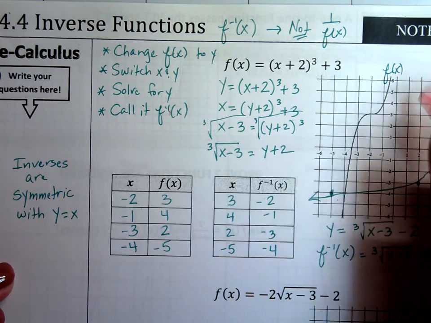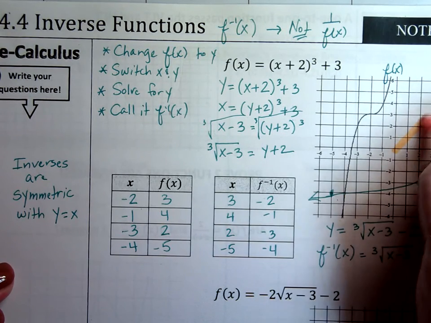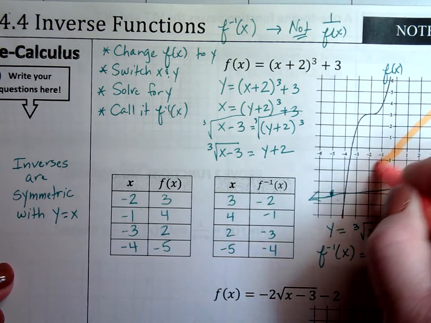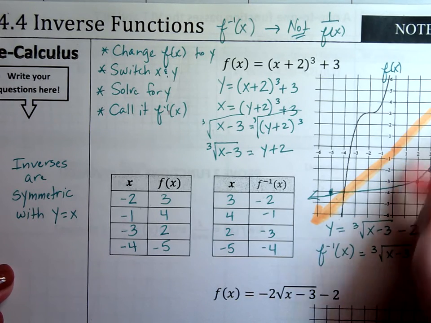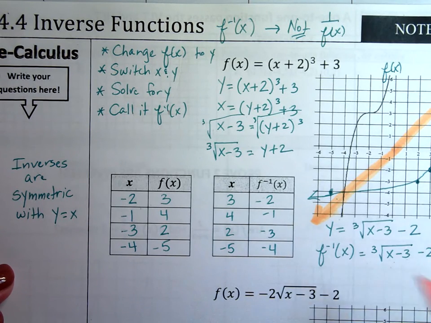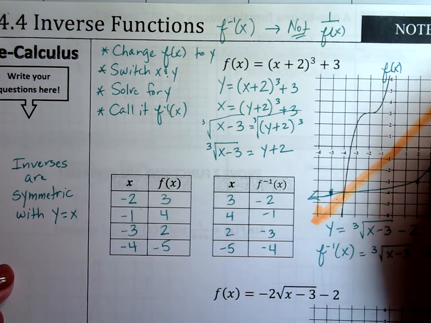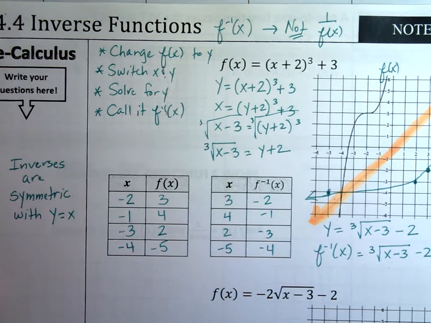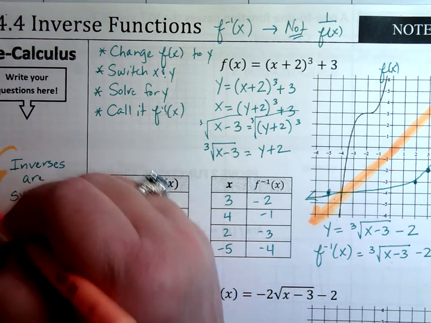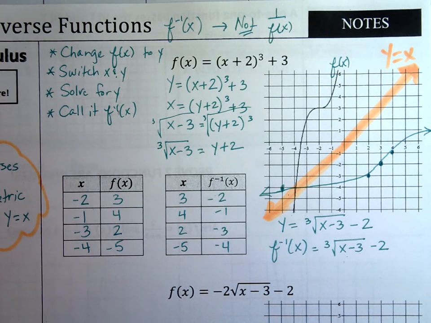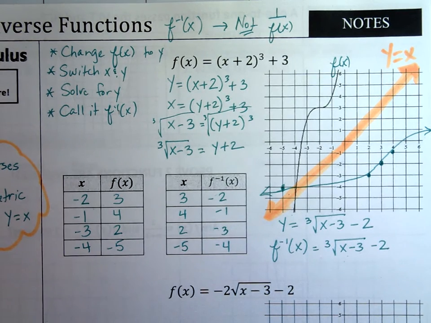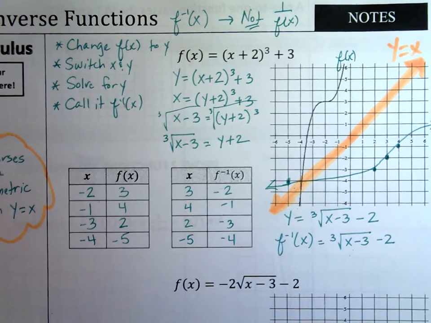It's the one that goes through the origin. Here it is. Kind of crooked there, right? There is my graph. This is my line y equals x. It is symmetric. If I were to fold that over the line, you've got the picture there of both of those functions.